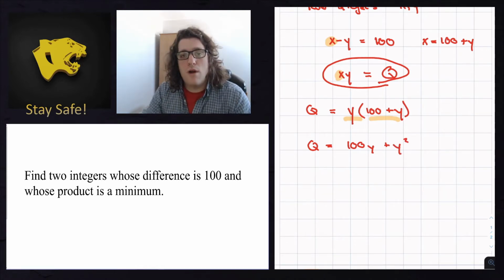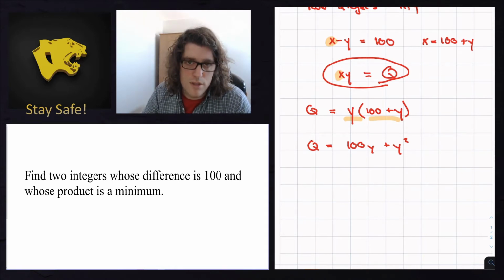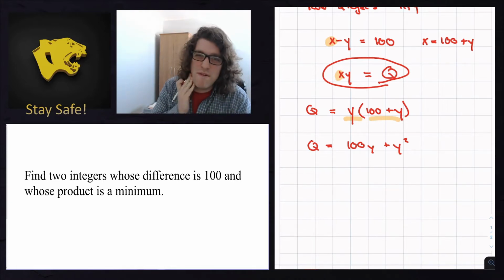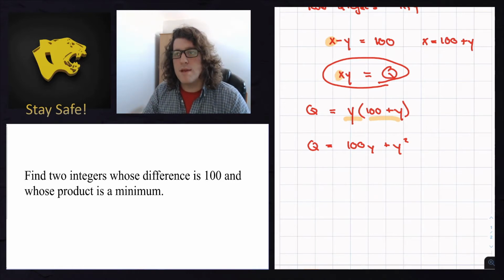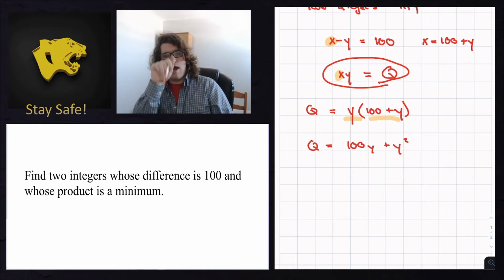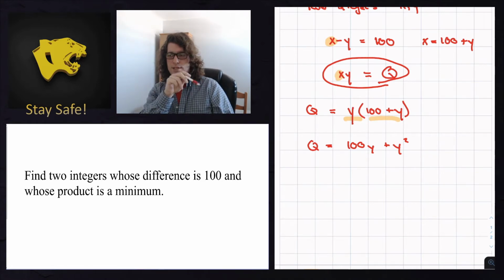Now, we want to optimize this. So we want the smallest or largest, but in this case, smallest possible value for this product. So we're going to take the derivative with respect to y, because as I said earlier, when you're thinking about graphing, I basically have q along this axis and I have y along this axis.